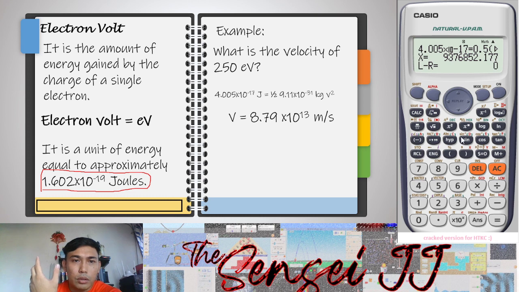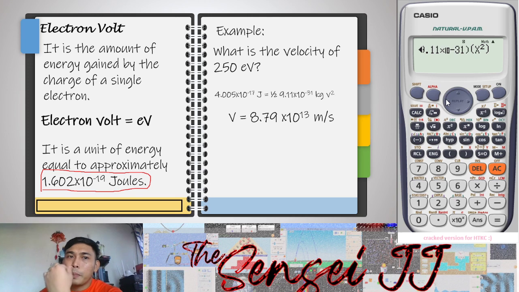Wait. Bakit ganito yung lumabas na sagot? Para yatang iba. Tama ba? Ano ba yung naging mali natin dito? 0.5, 9.11 times 10 raised to negative 31 kilogram times x squared, our velocity. 4.005 times 10 raised to negative 17.